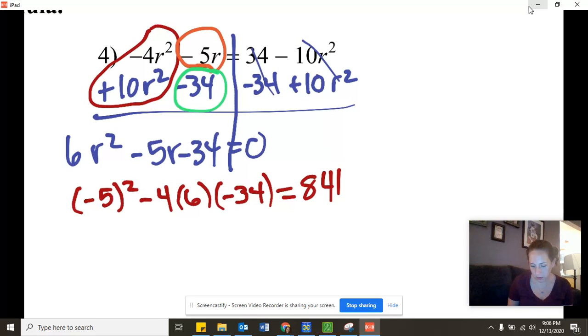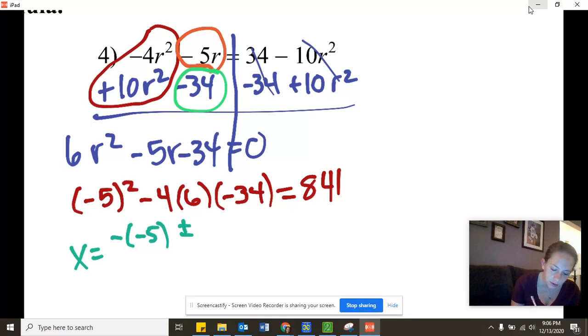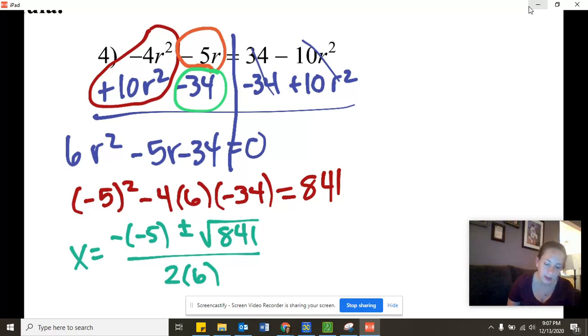So now I'm going to do the rest of the quadratic formula. It'll be the opposite of b, so negative 5, which is just going to turn into positive 5, plus or minus the square root of 841 over 2 times 6.